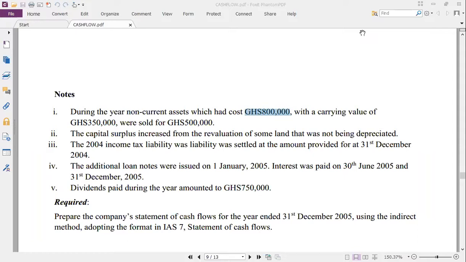How about the proceeds? Have they been added to cash already? Good. The proceeds of the disposed asset will go to the investing activity. Here they have treated it. It has been accounted for already. They have added it to the cash.